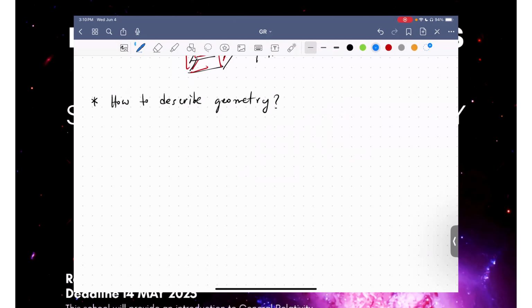What I'm saying right now involves words like parallel transport, which we are going to define more rigorously in a moment.